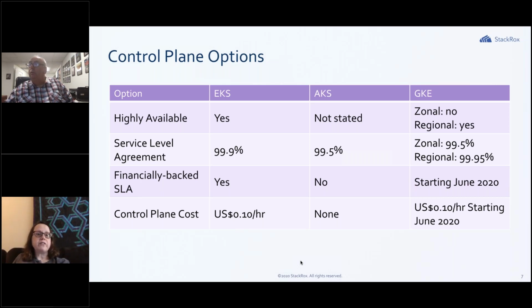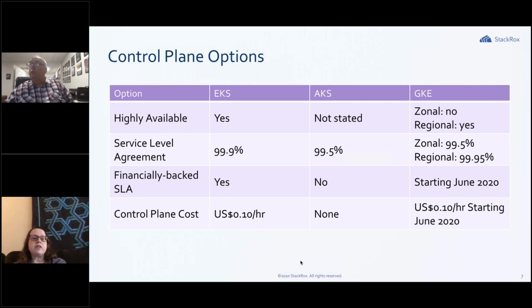They deploy to 3 availability zones. Azure, the docs don't explicitly state whether it's highly available, which makes me think it's not. I don't know this for a fact either way, but normally, if a cloud provider is highly available, they will say. So if they don't say, that's a little sketchy.